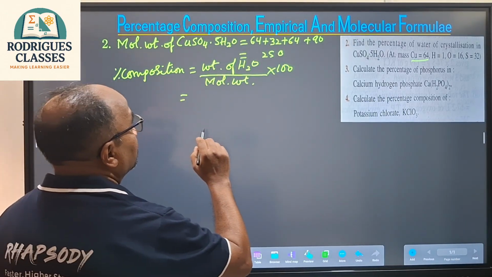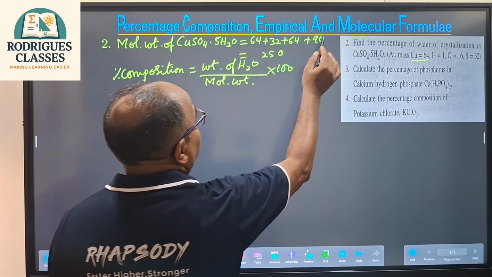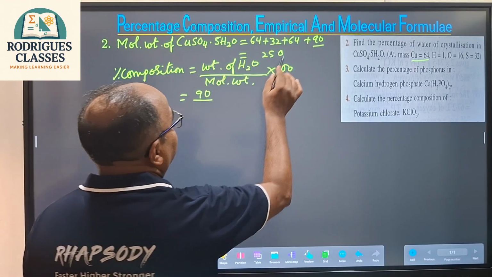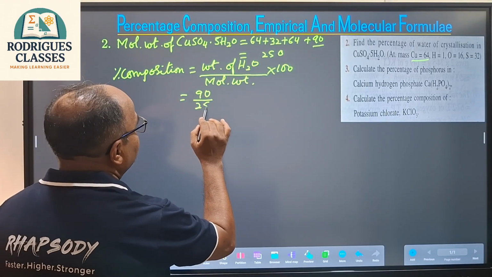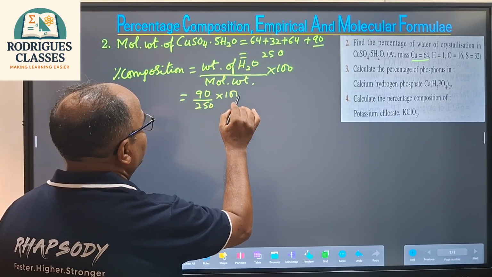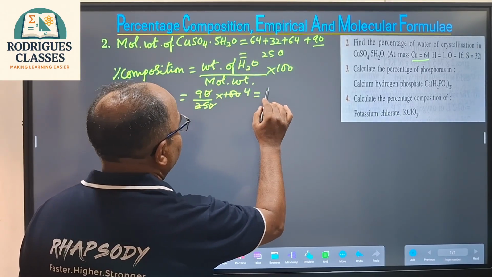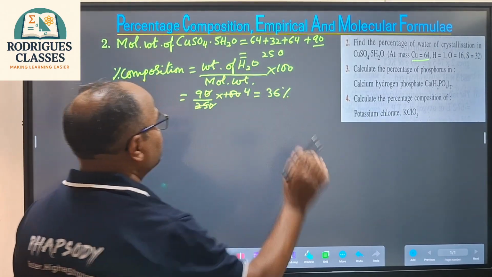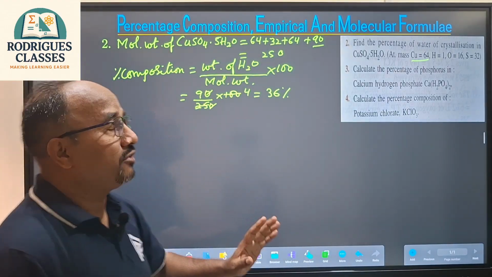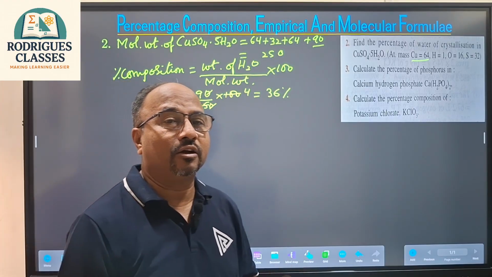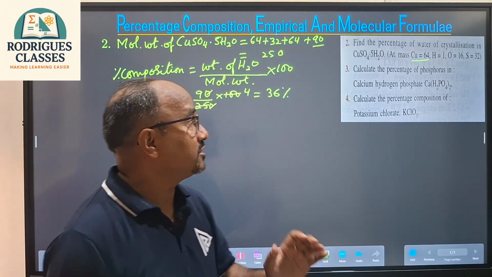The weight of water you can see is this entire part, so 90 comes here, divided by the total weight which you have got as 250, and then into 100. This 0 cancelled, 25 4s, so you get 36%. This is the way to find the percentage composition of whichever element or water of crystallization is asked.